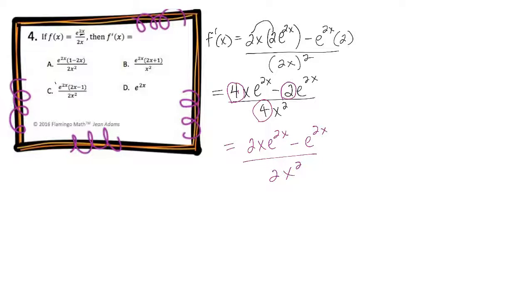And again, notice we've got our denominator 2x squared, so we can cancel out those two. And then looking at our answer choices, it looks like they factored out an e to the 2x. And if I do that, then I'm going to have a 2x minus 1 left. So that's going to be answer choice C.